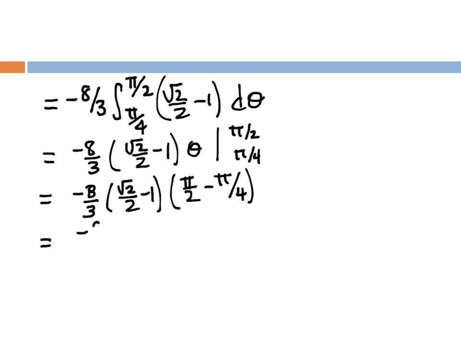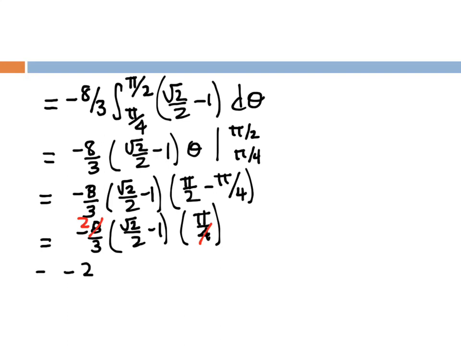So I've got -8/3 times square root 2 over 2 minus 1, times pi over 4. Now we can reduce this 4 with this 8 to give me a 2, and we can put the pi in front with it. So this is -2 pi over 3 times square root of 2 over 2 minus 1.